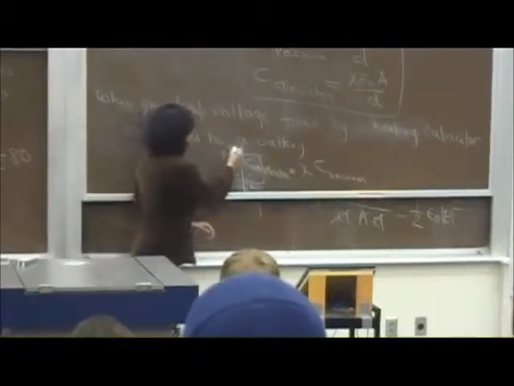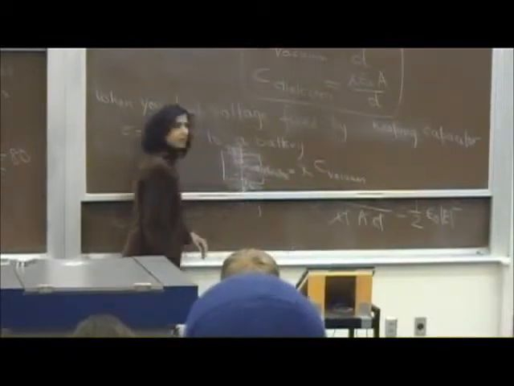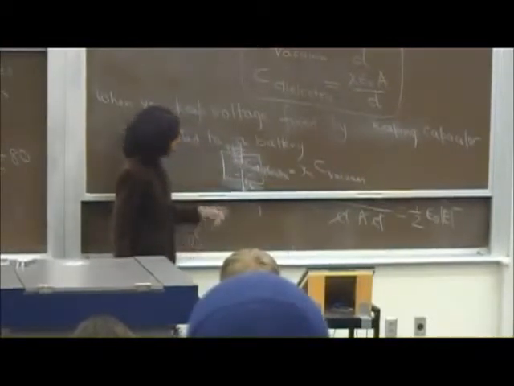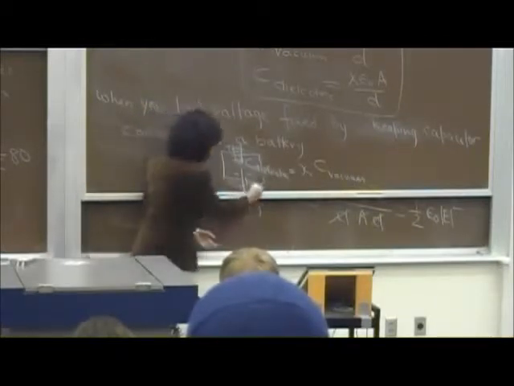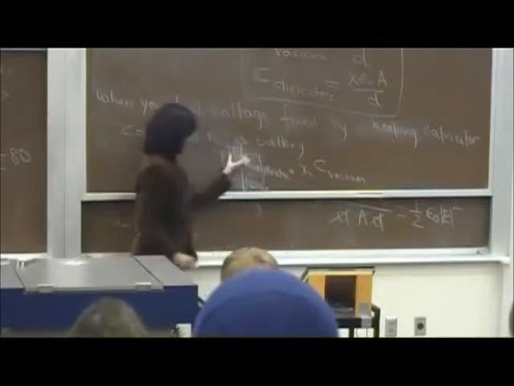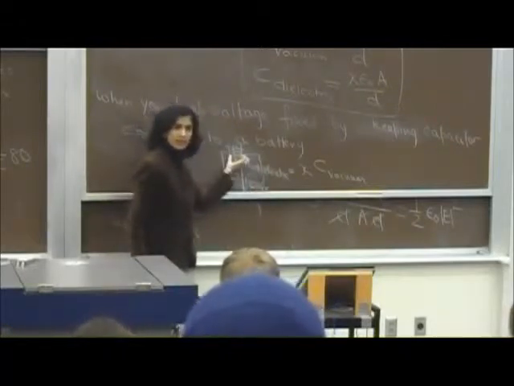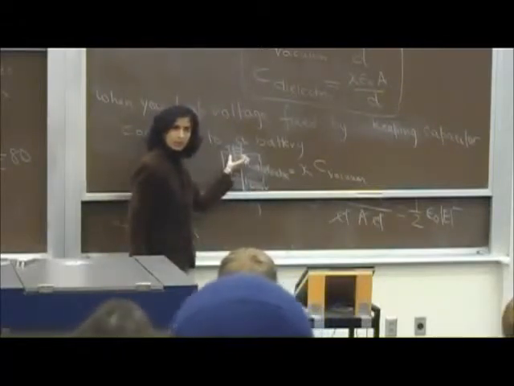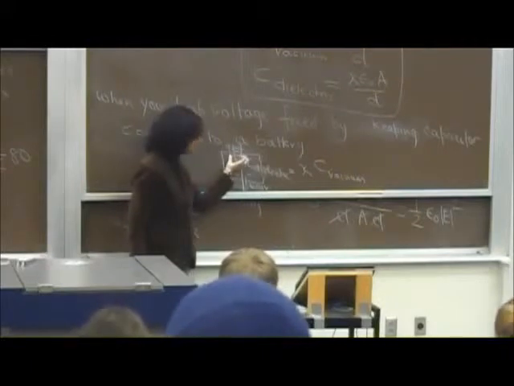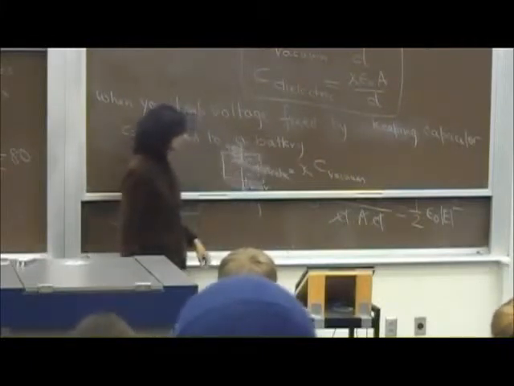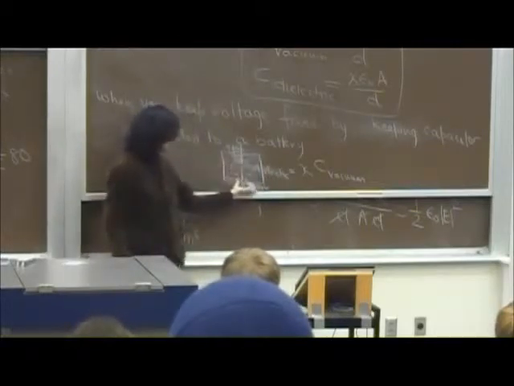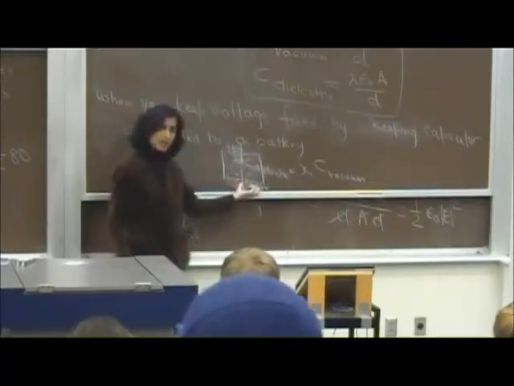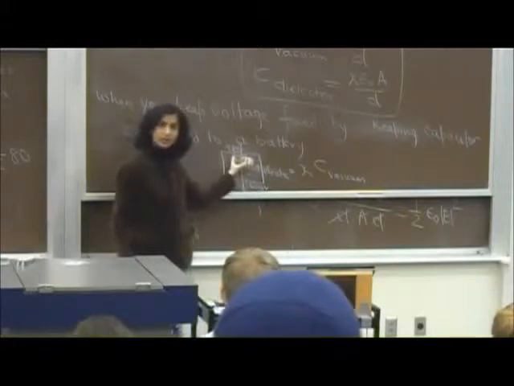Now the question that I have for you is, once you put the dielectric in, do you think anything will change? Can the voltage change? No, if you have connected it to say a 3-volt battery, then the voltage here will be 3 volt, right? Is that true? Till the charges stop moving. So basically in this case, since we have connected it to a battery, this thing is locked in with 3 volts.